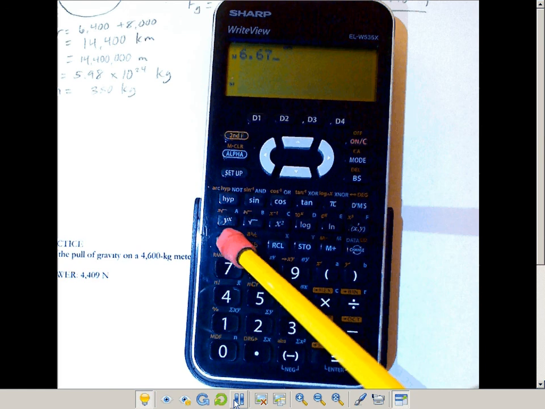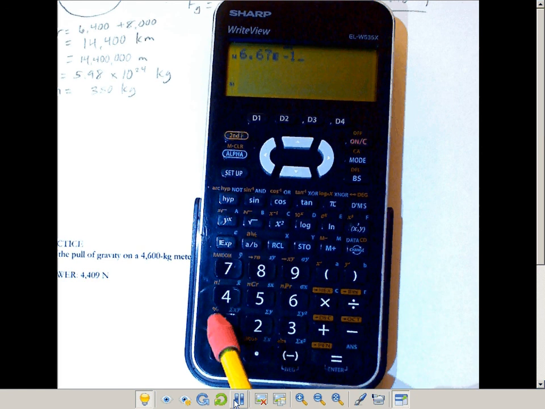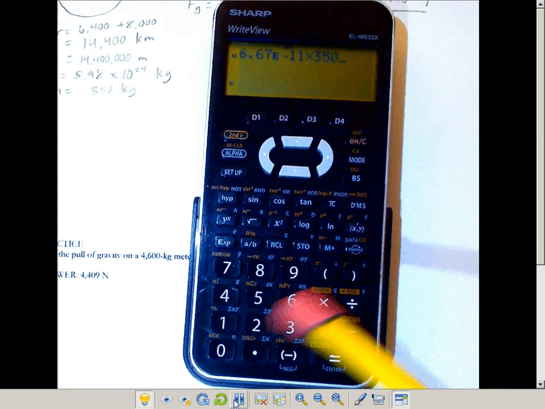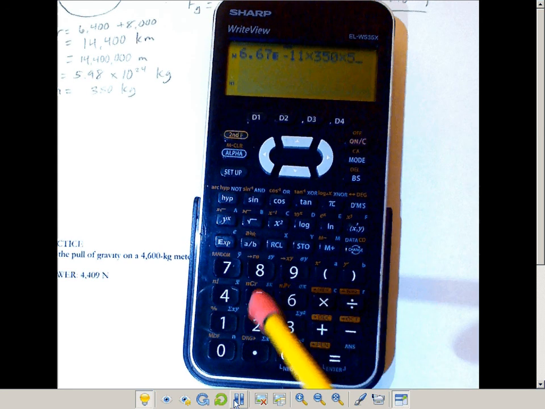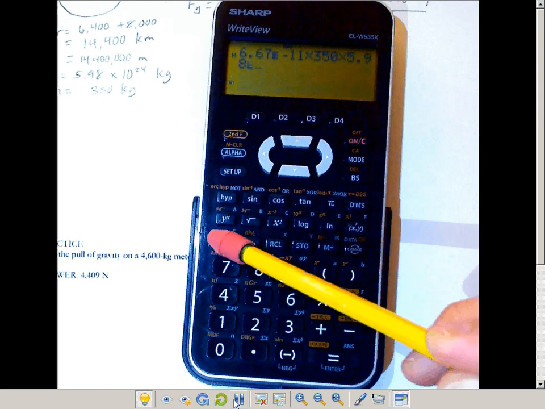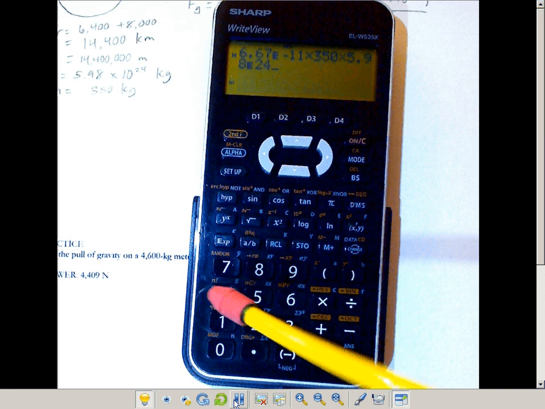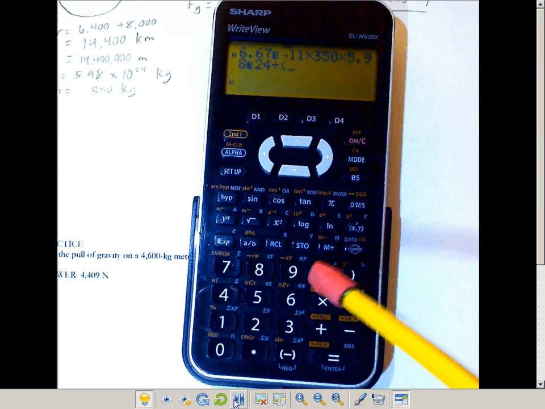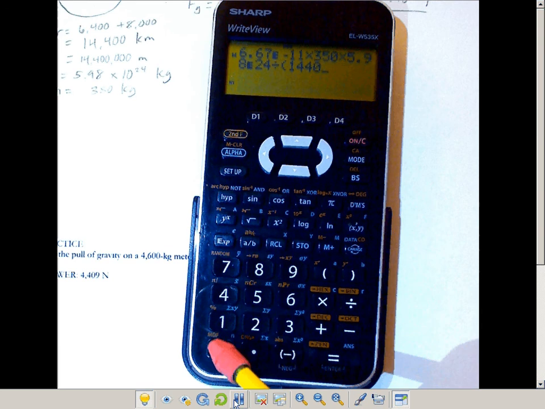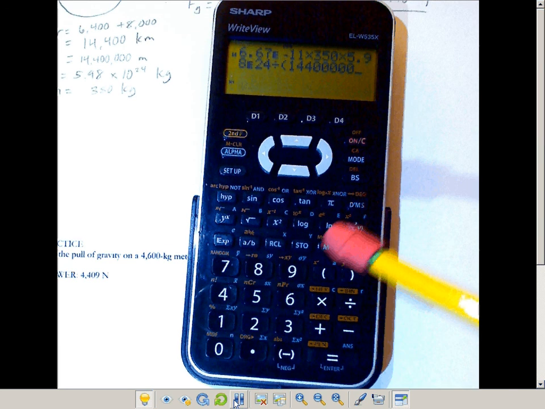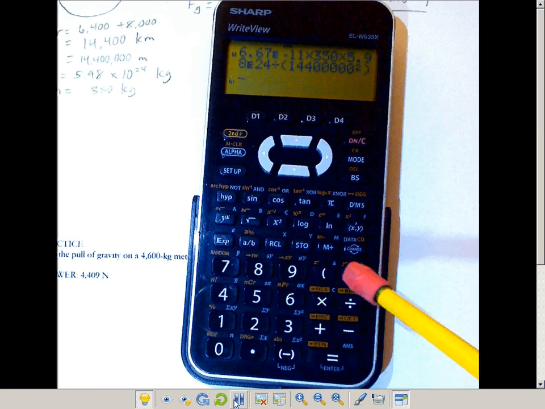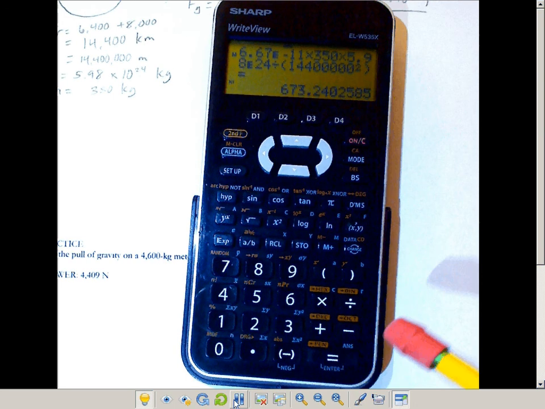Times 10 to the negative 11 times 350 times 5.98, which is the mass of the Earth, times 10 to the 24th, divided by, in parentheses, 14,400,000. Now I'm going to square that, close parentheses. You can see the whole expression there, and that equals 673.